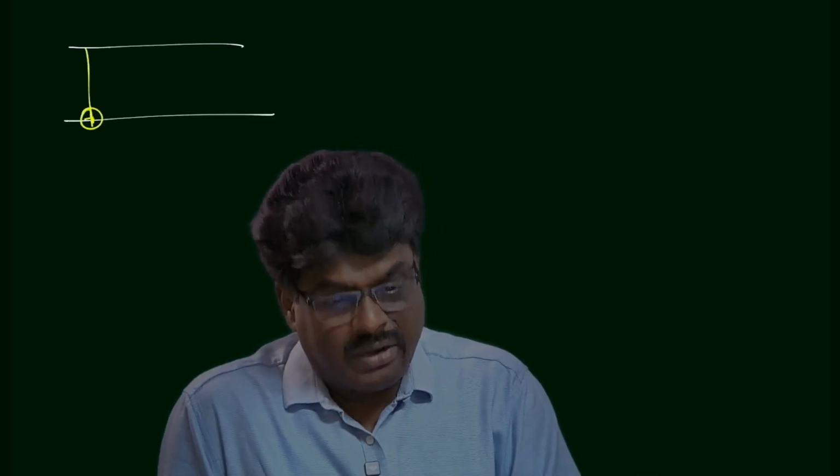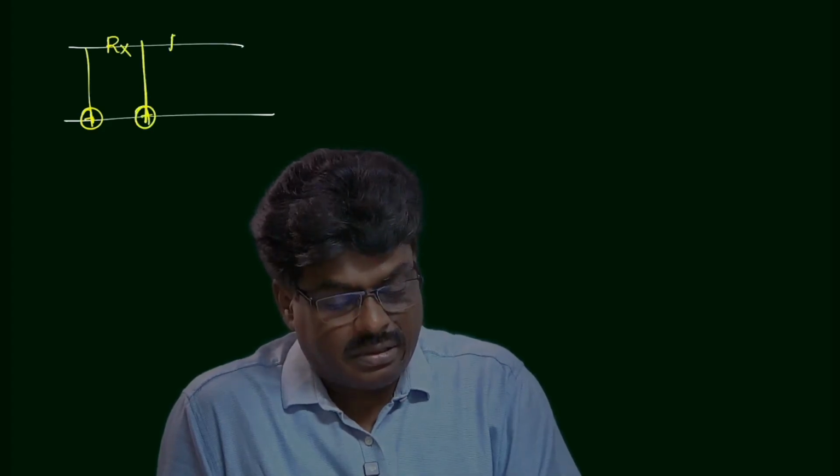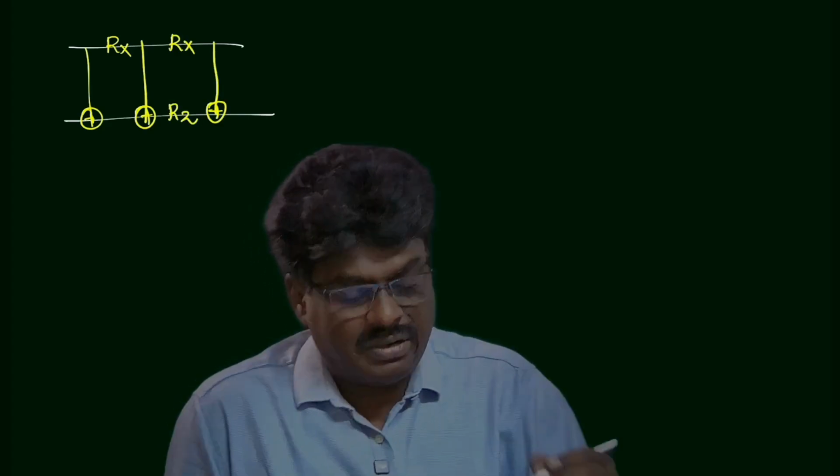We have the CNOT and Rx, and again CNOT, Rx, and this is Rz, the CNOT.